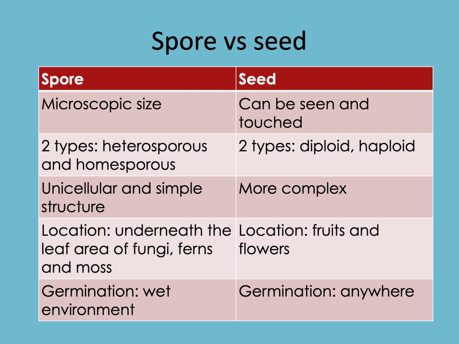Of course the seed is more complex compared to the spore, and the spores are located underneath the leaf area of ferns and moss, while the seed is located in the fruits and flower. The germination requirement for the spore is a wet environment, and for the seed it is everywhere.